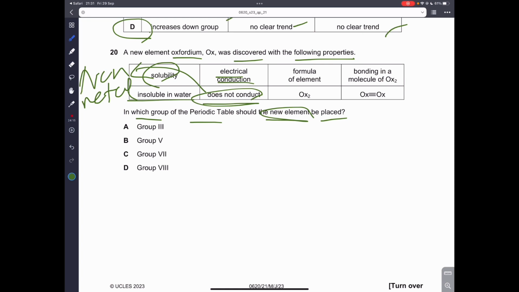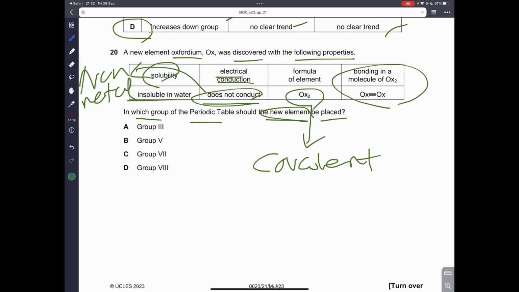The formula of the element is OX2. Now this is obviously a covalent molecule. Half the structure of a molecule. The bonding in the molecule of OX, so this is definitely a triple bond.